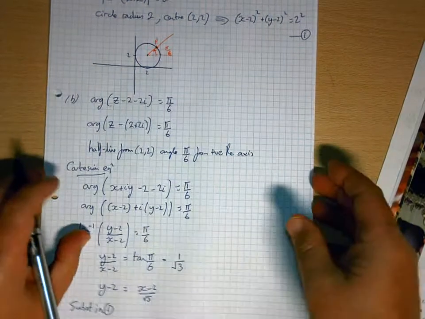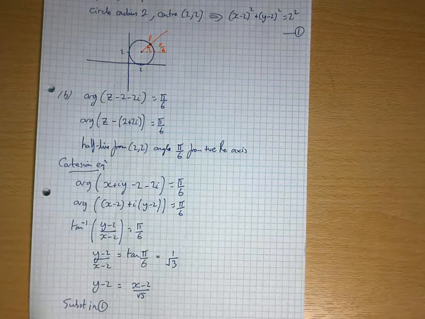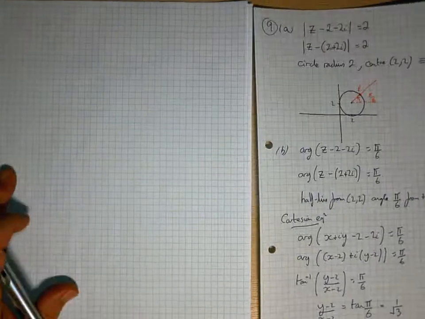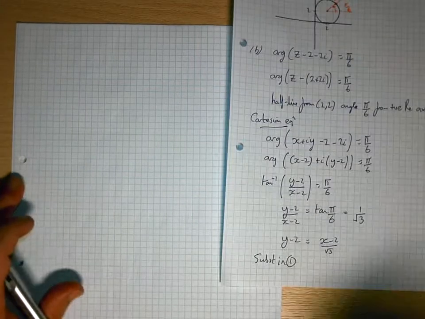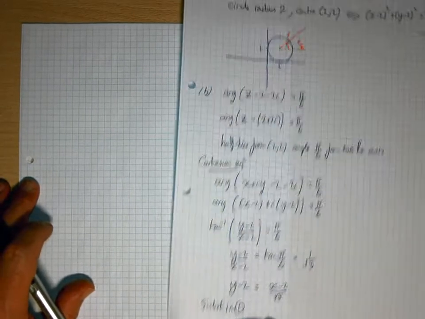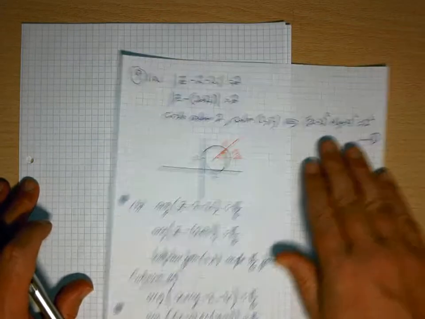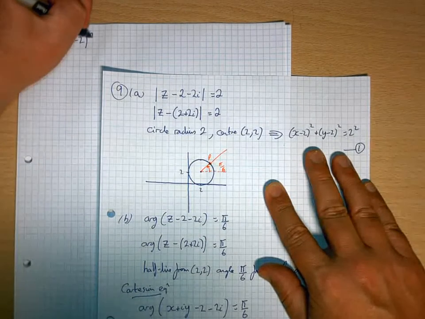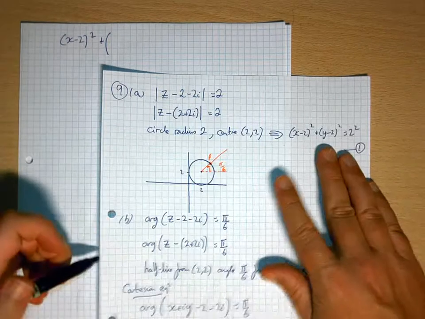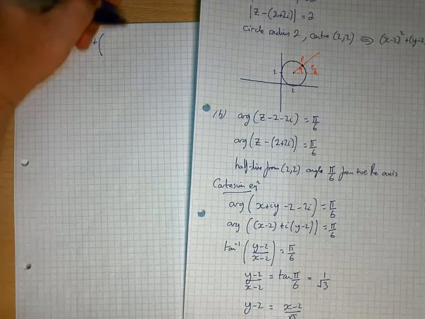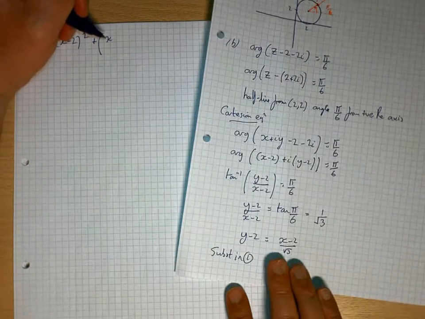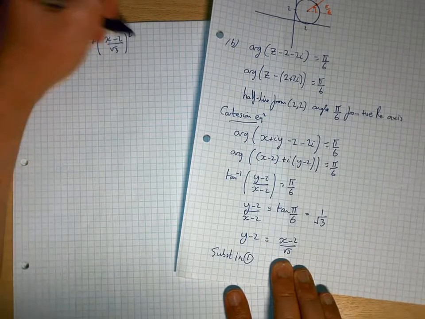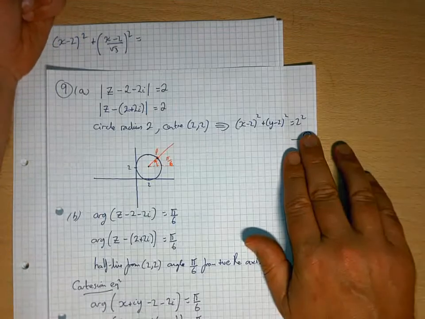Okay, so that's what we'll do now. By substituting that into equation 1, I'm going to have x minus 2 squared plus, and then instead of y minus 2, I'm going to have x take 2 over root 3 all squared equals 4.